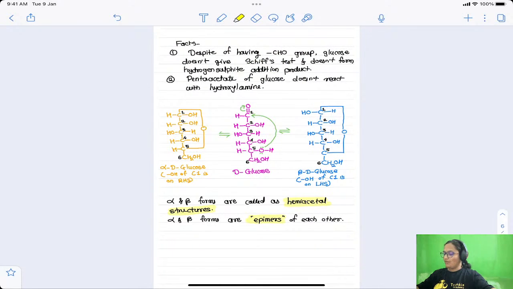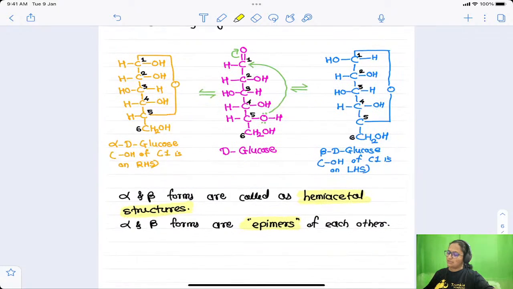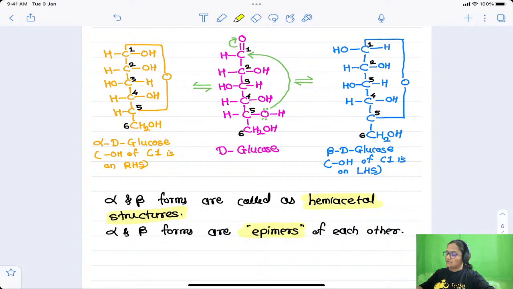Okay, now one more thing I am going to ask you to observe here. Here you can see this is carbon number 1 and this was carbon number 5. When the cyclization takes place between these two, oxygen will come in between, right? And finally we are getting a 6-membered cycle. Can you see the number of carbon atoms in the cycle?